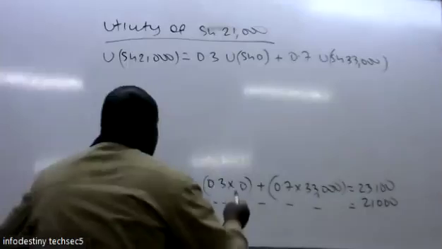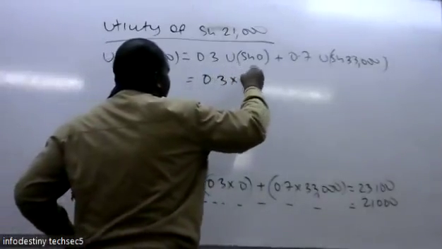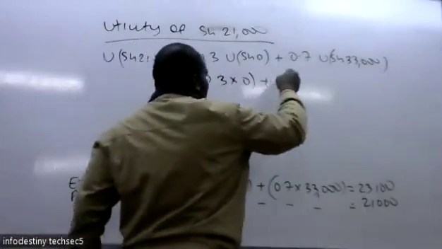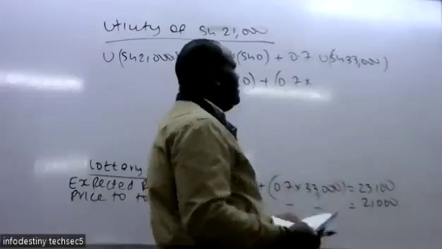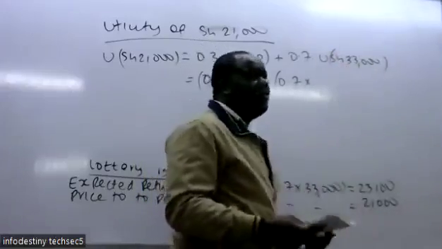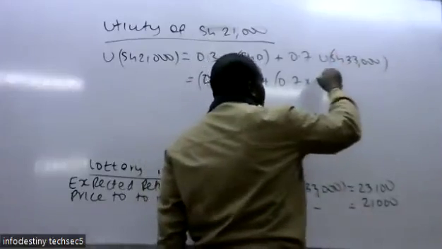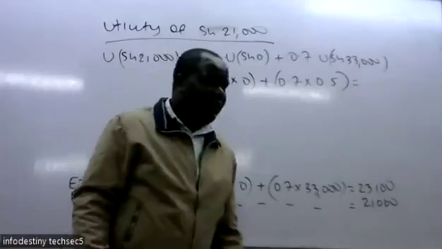So this one will be 0.3 of receiving 0 utils, but this one will be 0.7 of 0.5, which you calculated in lottery A.